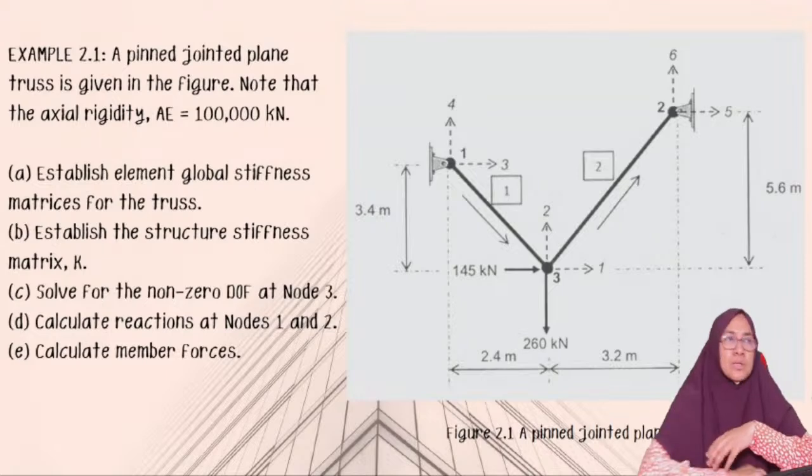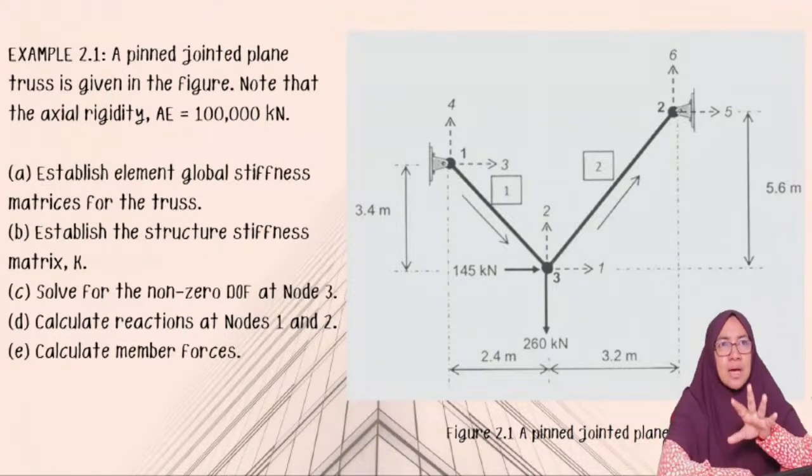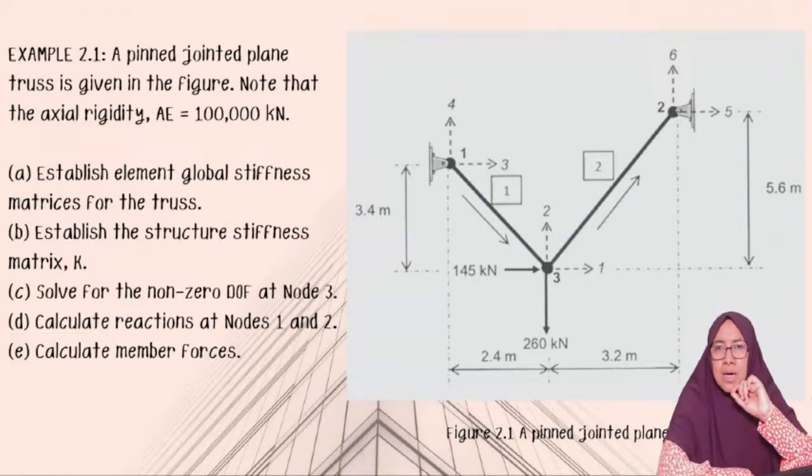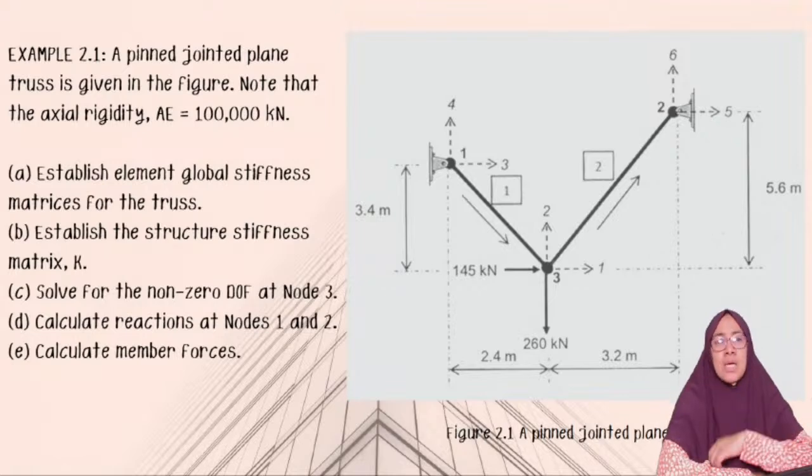Okay, so this truss basically has three nodes, 1, 2, 3, and two elements. The arrow is given, and the DOF is also given. The unconstrained node is located at node number 3, which is why the labels 1 and 2 are at node number 3.